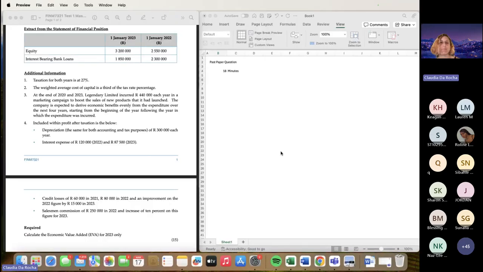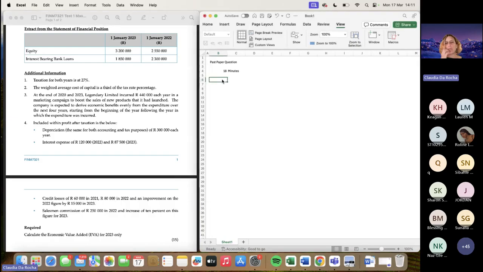Okay, cool. All right. So now we need to tackle the question. So the first thing we do, we're going to write our formula down. And I've chosen to use the first formula.